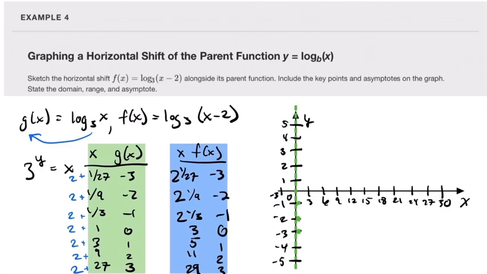And then 0 is here. Over 3 and up 1. Over 9 and up 2. Then over 27 and up 3. So we start close to the y-axis, passing through these points.